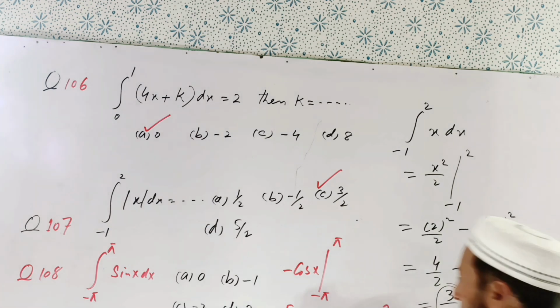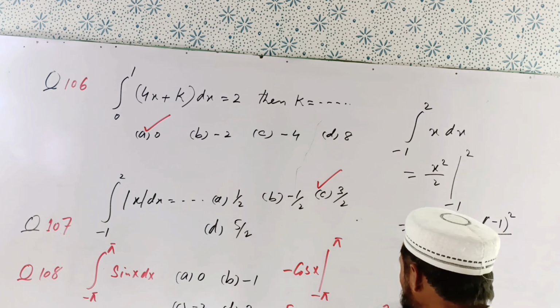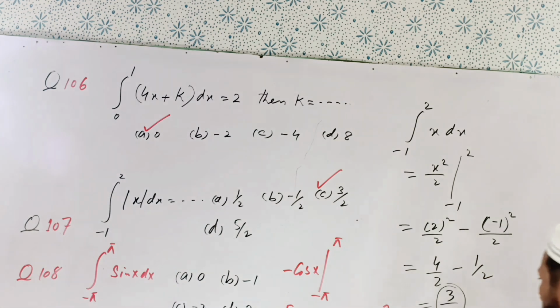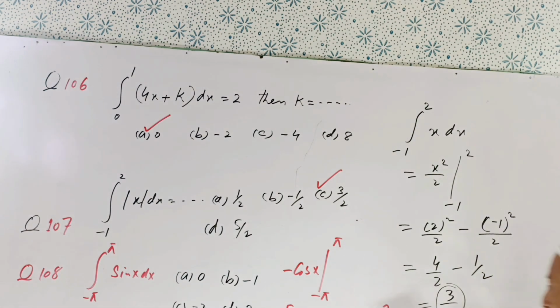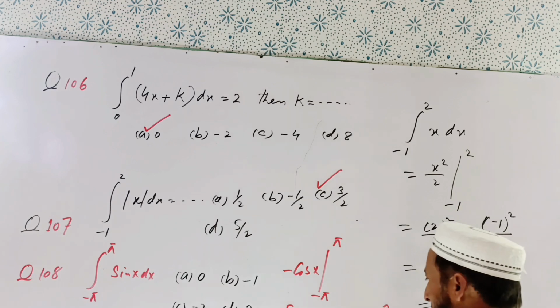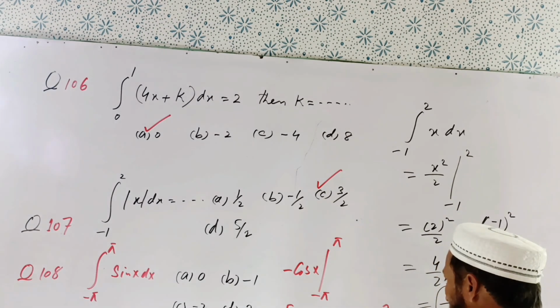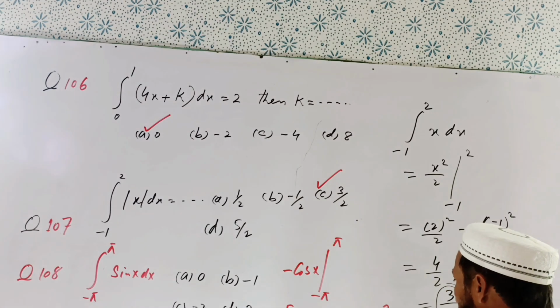According to this, cos pi is equal to minus 1, so we write minus of minus 1 minus cos pi, and cos pi is equal to minus 1.